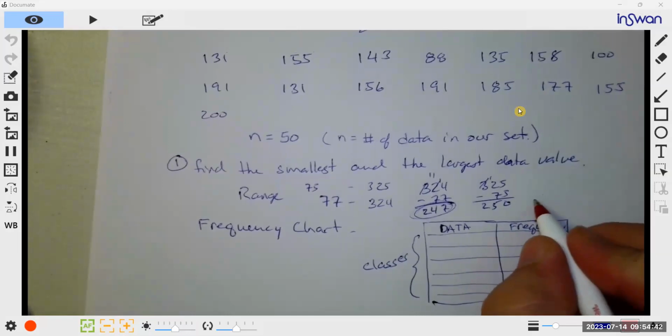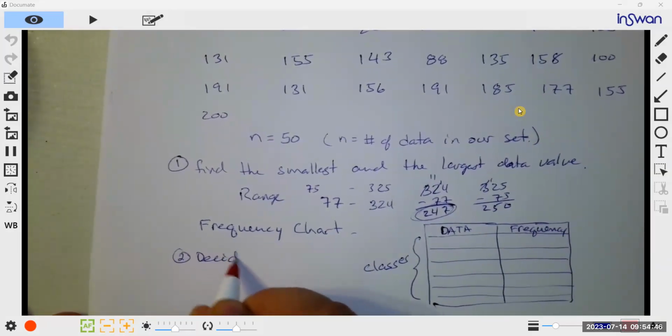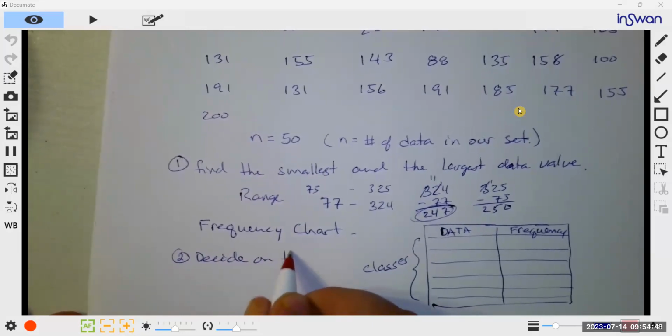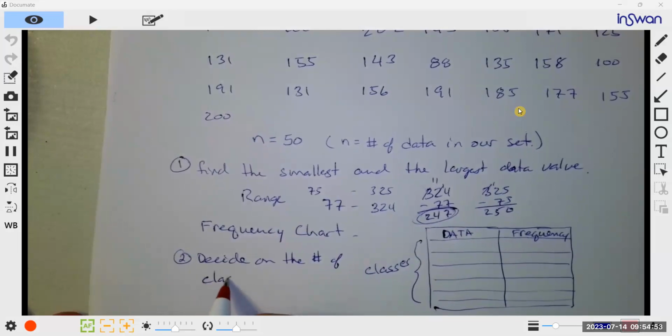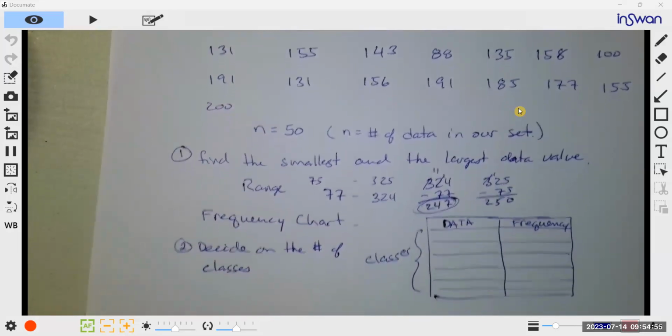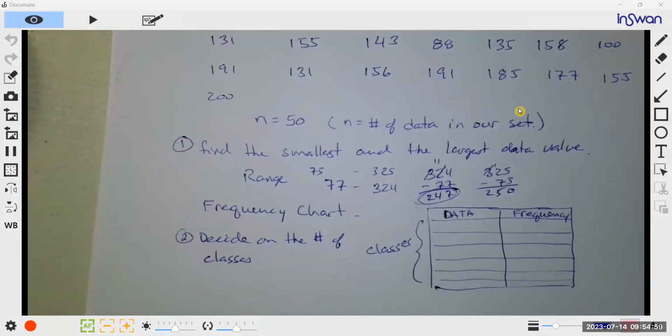So we're going to decide on the number of classes that you'll have, and then figure out from there. That's this part here, the second step, determining the number of classes to have.